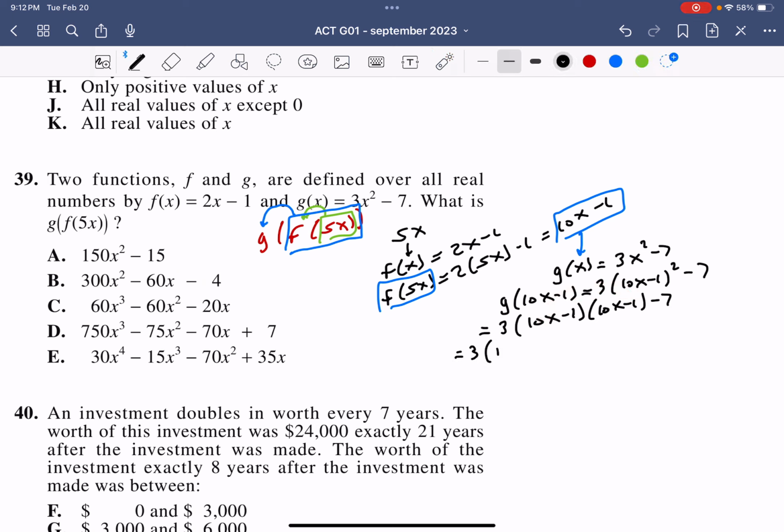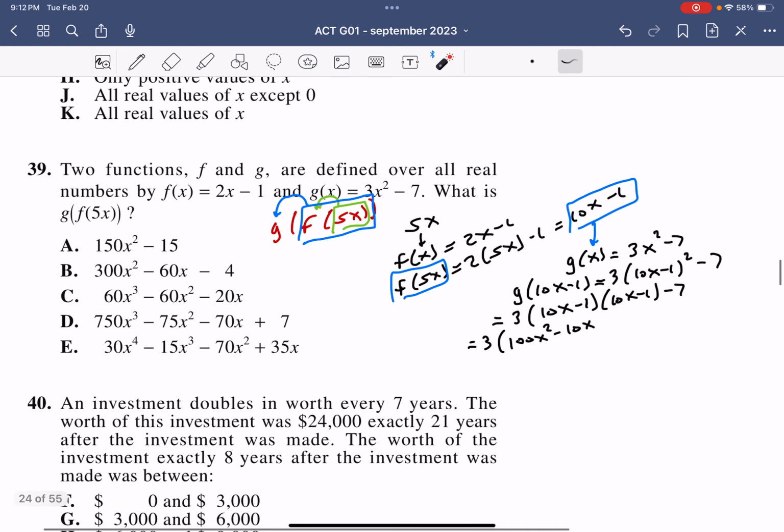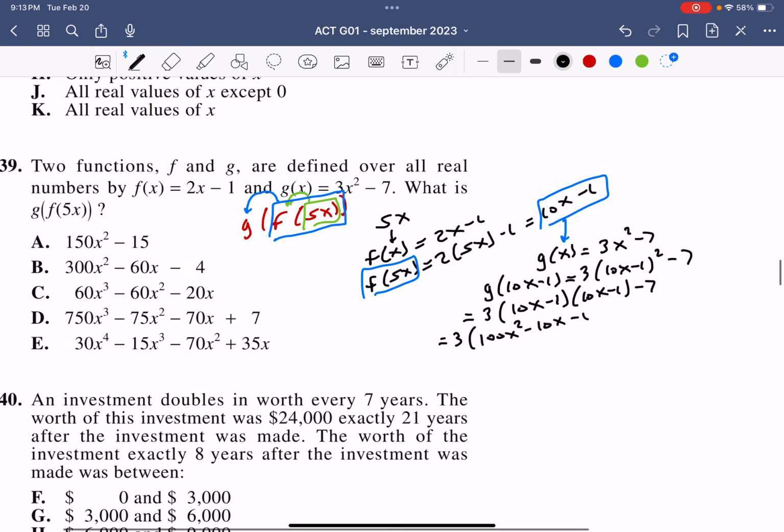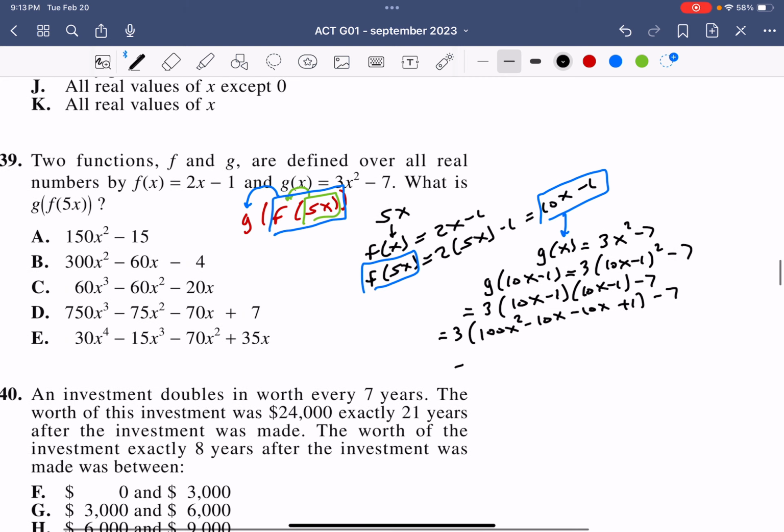So that's going to give me 100x squared minus 10x, and then I move over, and then negative 1 times 10x, and negative 1 times negative 1. So I'm going to have minus 10x plus 1. And then don't forget the minus 7. Now I'm going to simplify the inside.